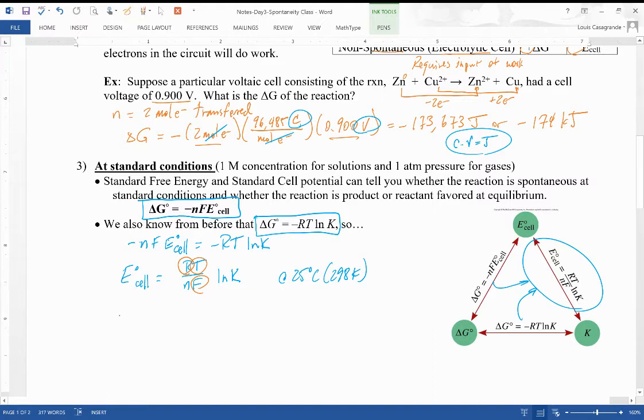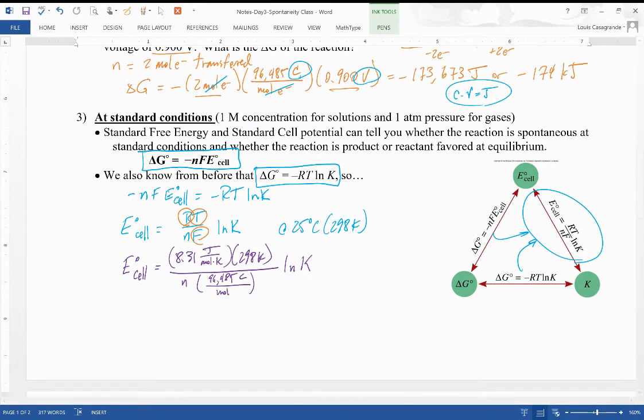And we're going to say that the E naught for the cell is equal to R, which is 8.31 joules divided by mole times Kelvin, the temperature 298 Kelvin, divided by N, which is the only thing that's going to be variable because that depends on the reaction, and Faraday's constant at 96,485 coulombs per mole of electrons, and multiply it all by the natural log of K.